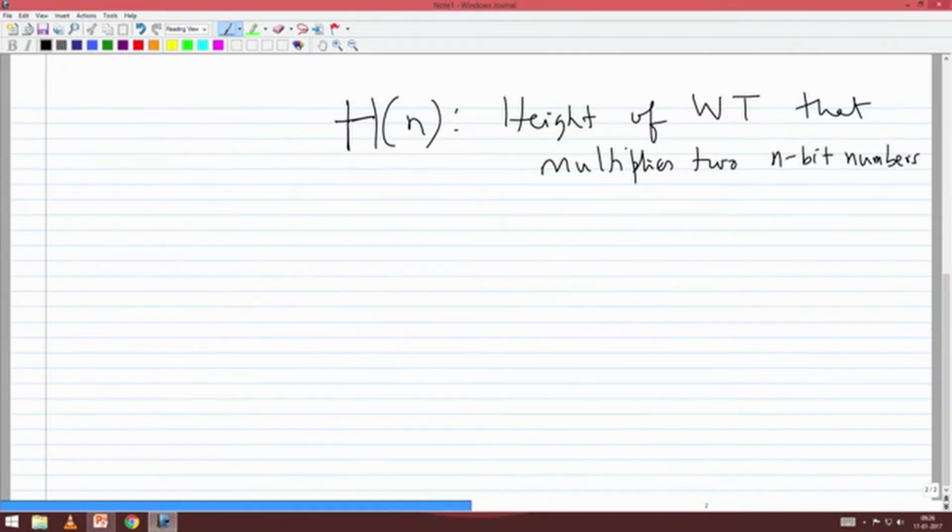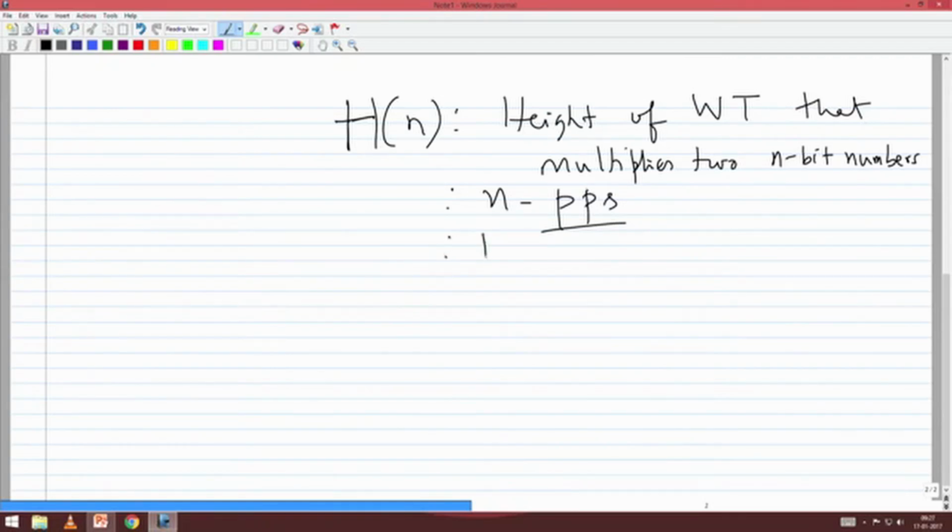Okay. Now what happens after one step? This n, so how many partial products you will have? So essentially you have n partial products to start with. So essentially let Hn be the height of the Wallace tree that adds n partial products. Both are same, right?